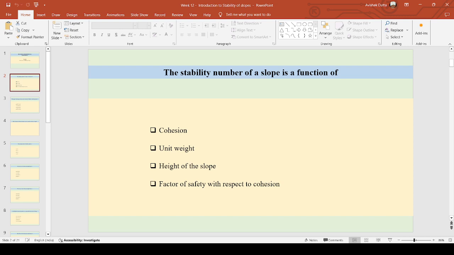I'll repeat the question once. The stability number of a slope is a function of. The options are cohesion, unit weight, height of the slope, and factor of safety with respect to cohesion. Okay. Next question.